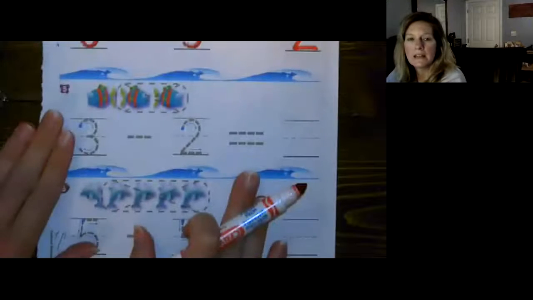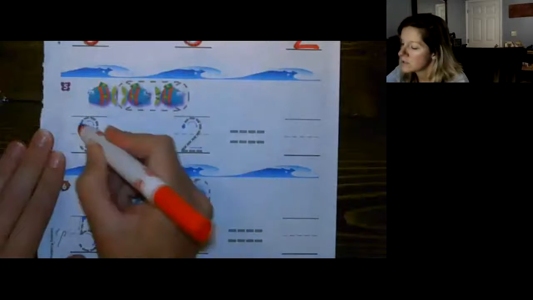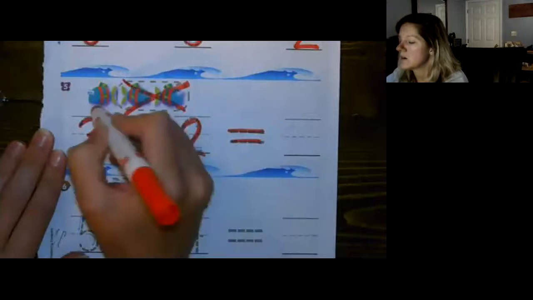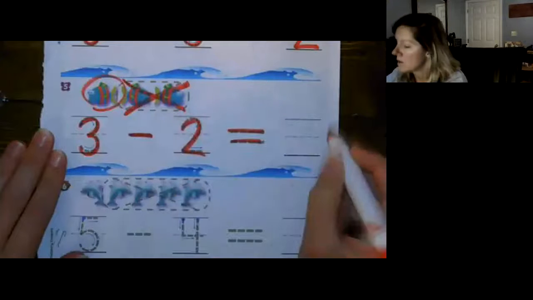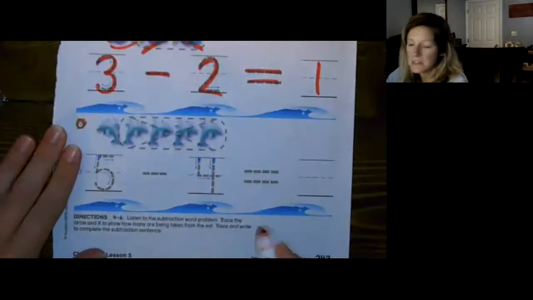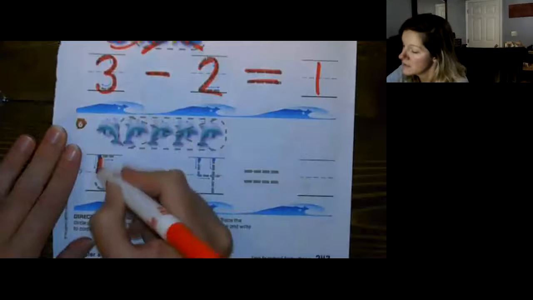All righty. How many fish do we have? 3 fish. How many do they want us to take away? 2. And how many are left? 1. Very good. All right. Dolphins. How many dolphins do you have? 3, 4, 5. 5 dolphins.